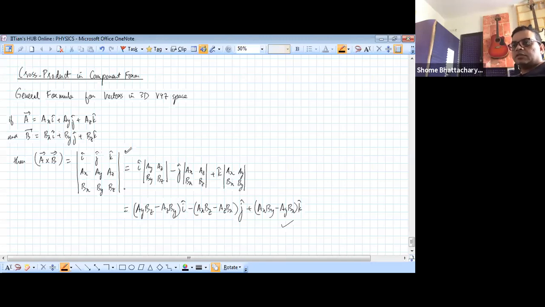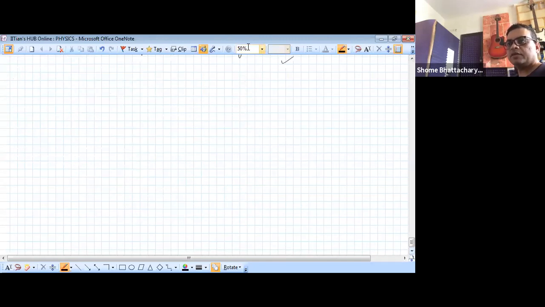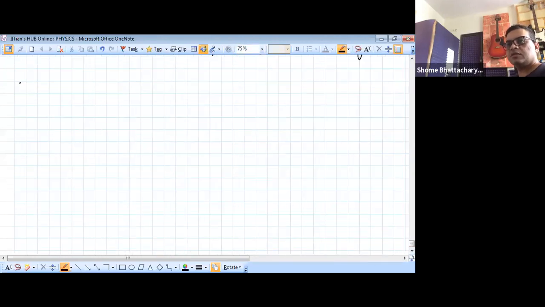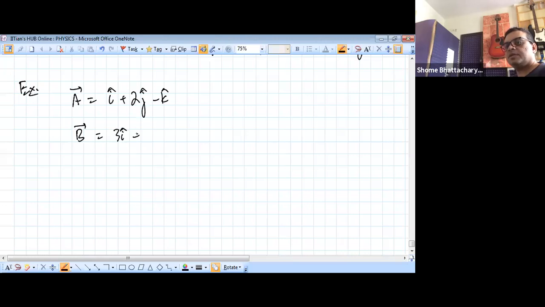Okay, so let us do this with an example and wind up today's lecture. So for example, suppose I have the vector A, which is I cap plus 2j cap minus k cap. And I have a vector B, which is, let's say, 3I cap plus j cap plus k cap.